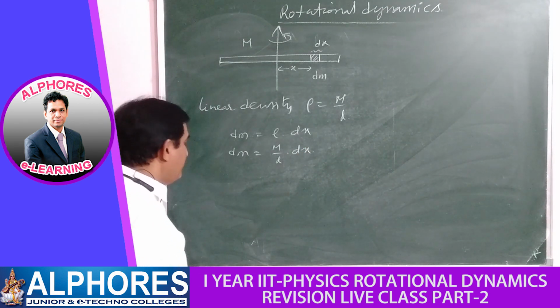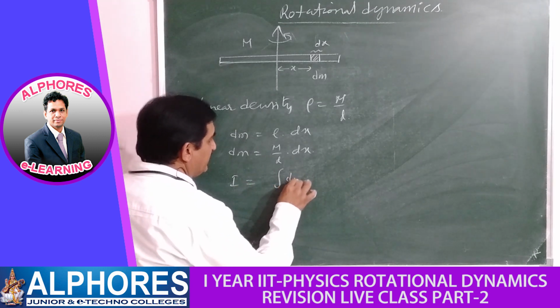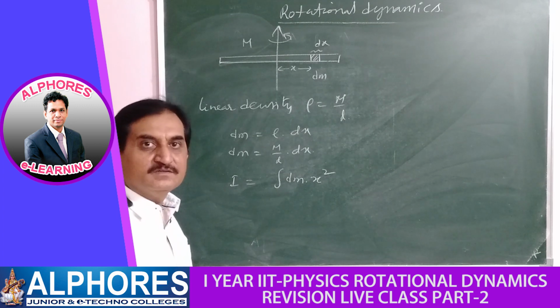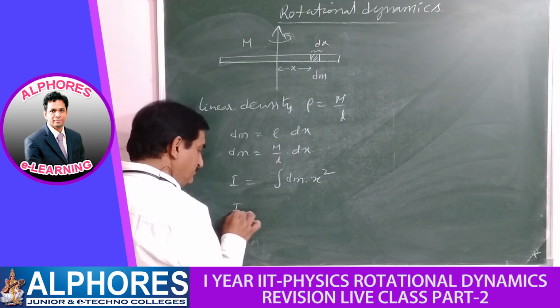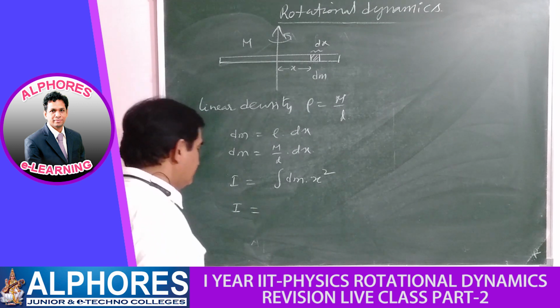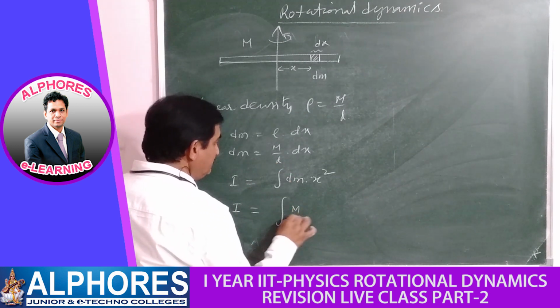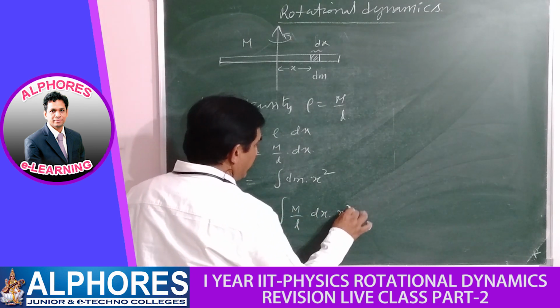We have a formula to find the moment of inertia. I is equal to integration of dm into x square. Now here I is equal to integration of m by L into dx into x square.